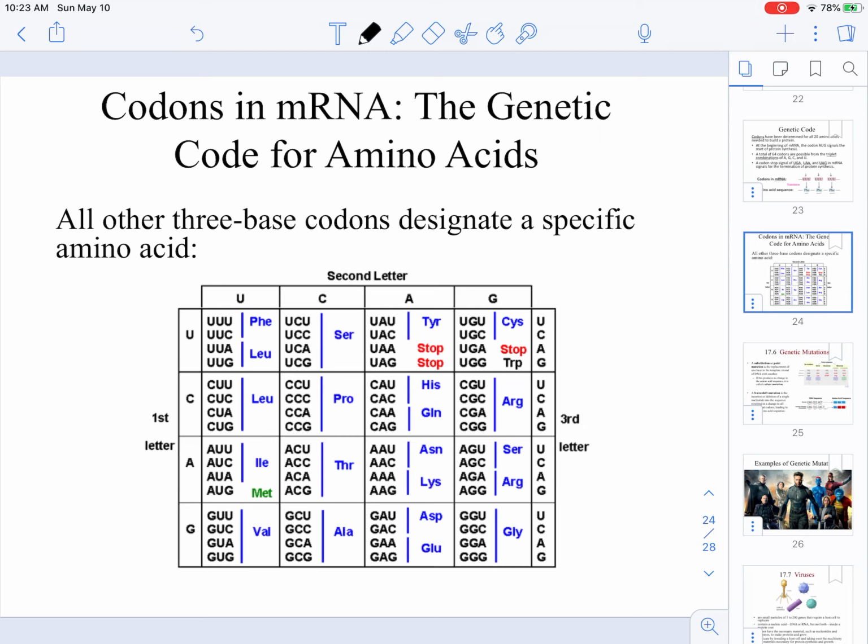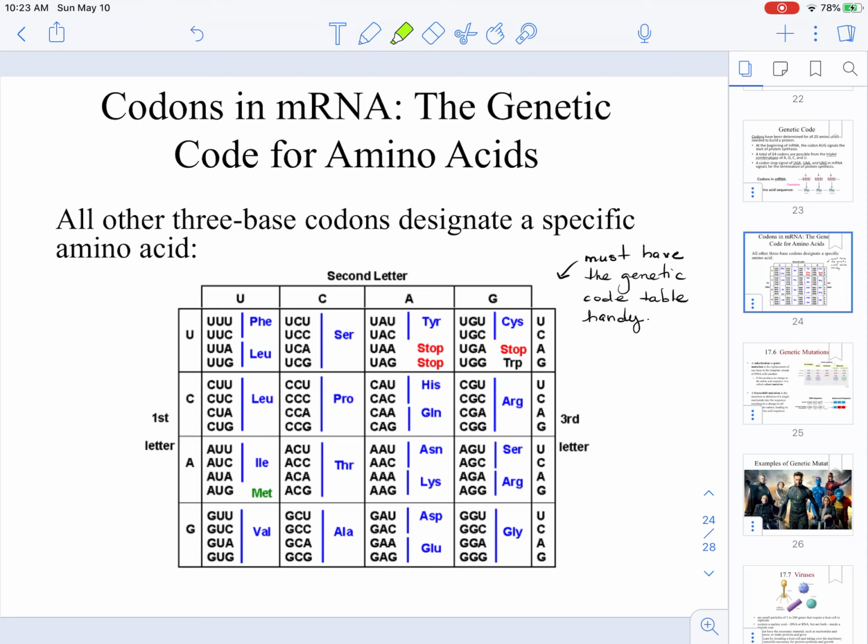For the final, you must have the genetic code table handy, meaning you should have it around, because there will be some questions about codons and even the process of translation.